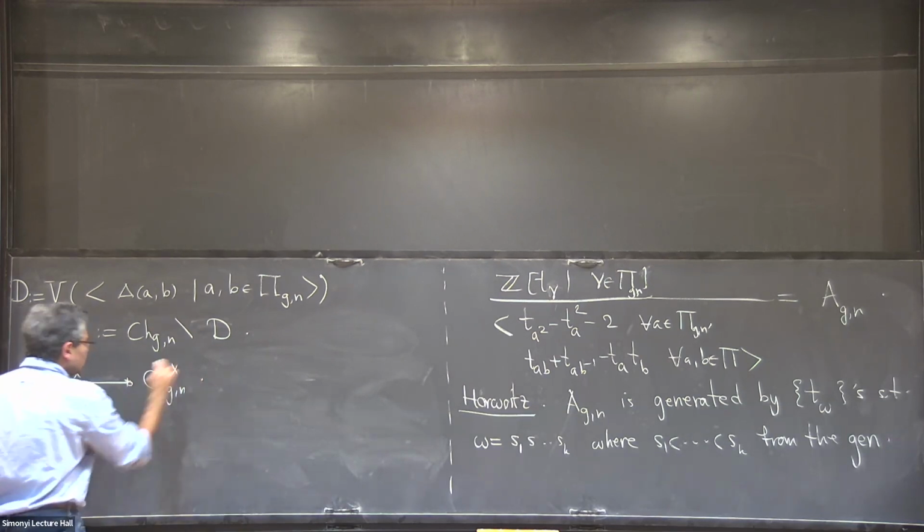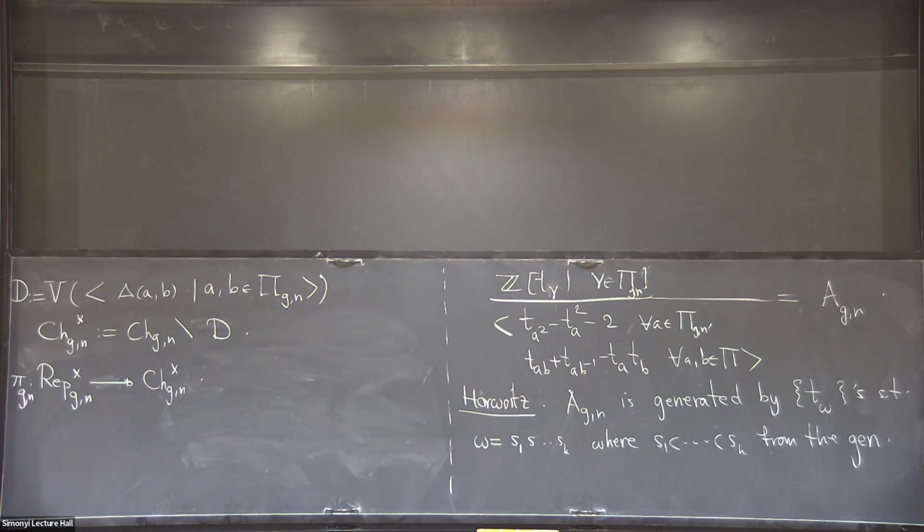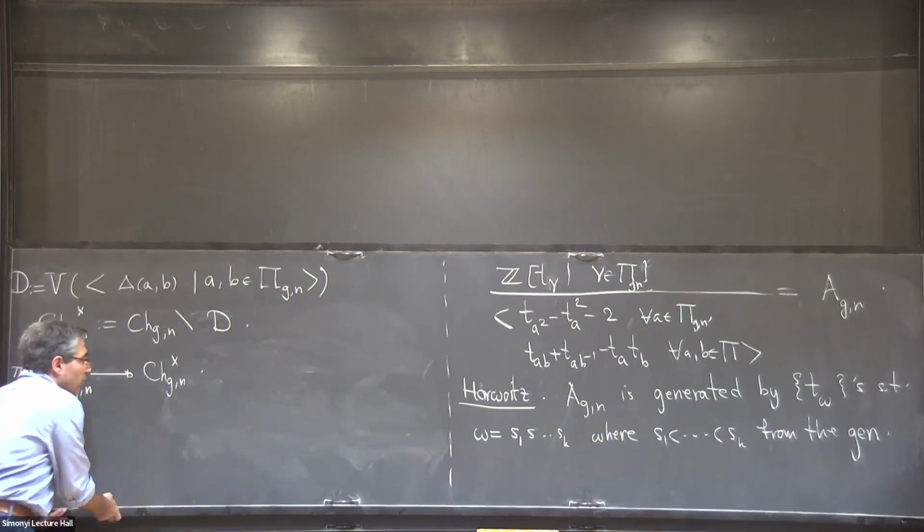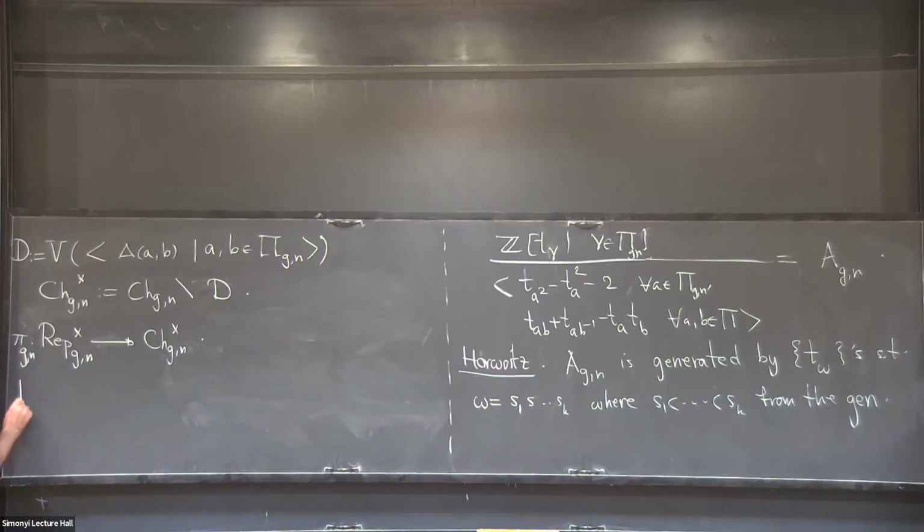So again, in order to understand this a bit better, I prefer to describe the R points of these schemes. This is more or less due to Sato.